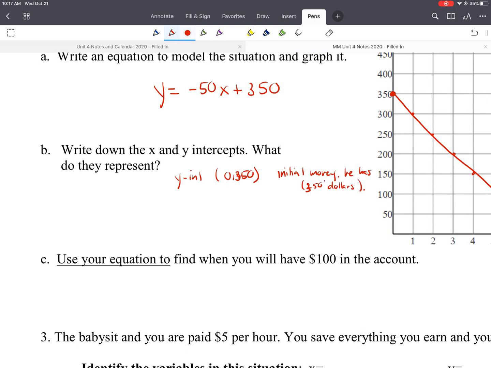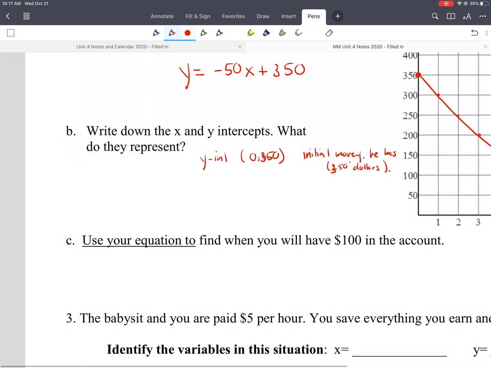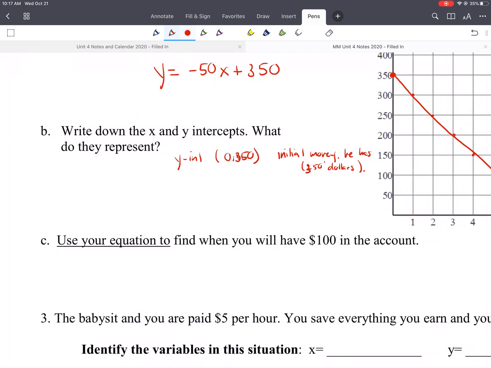Okay, and if we want to find the x-intercept, we would need to set y equal to 0. So for the x-intercept, we know y is equal to 0, so we do 0 is equal to negative 50x plus 350.